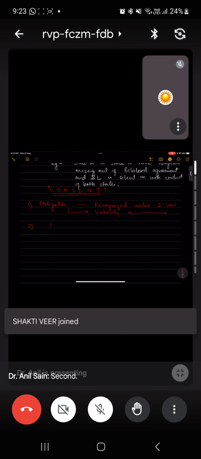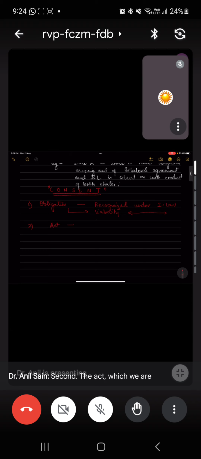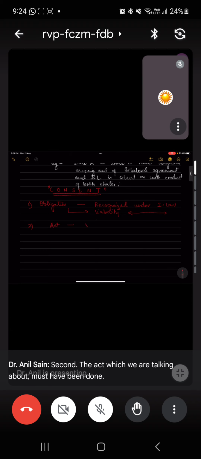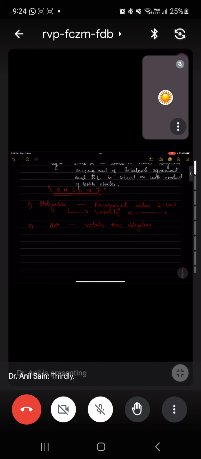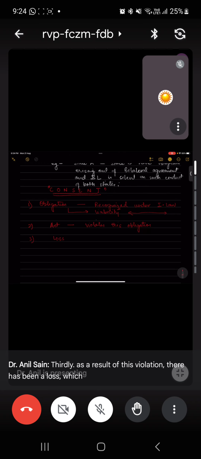Second, the act which we are talking about must have been done which violates this obligation. Thirdly, as a result of this violation, there has been a loss which has resulted to a third state.